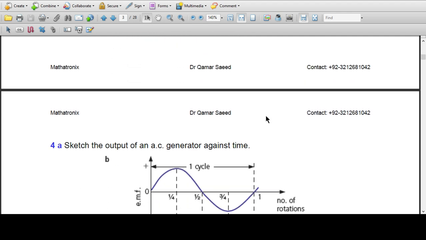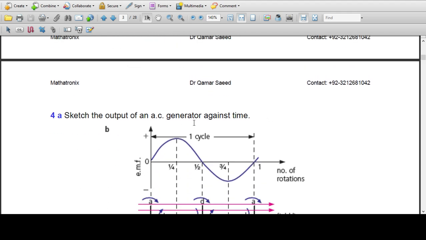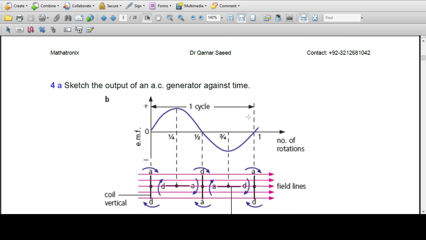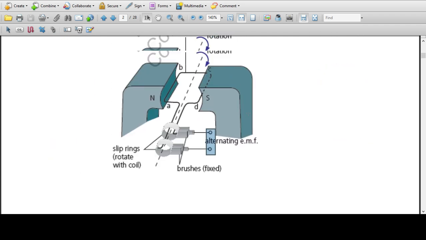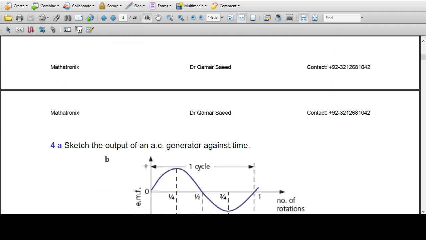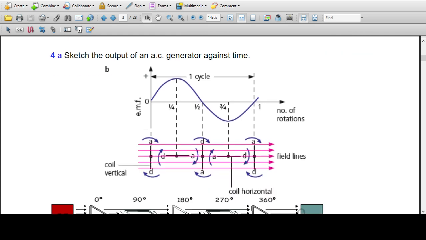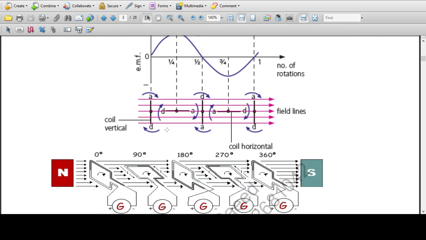Sketch the output of an AC generator against time. For this generator, EMFs are induced in such a way, because if the coil is in this position, this turning is like this, so the field and the coil are in the same direction.